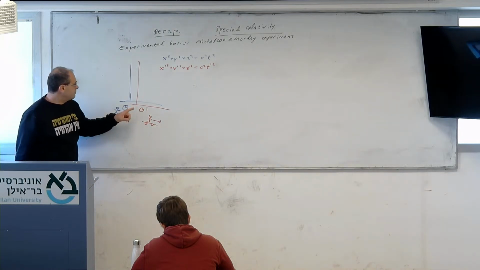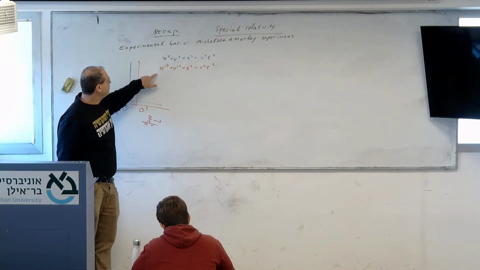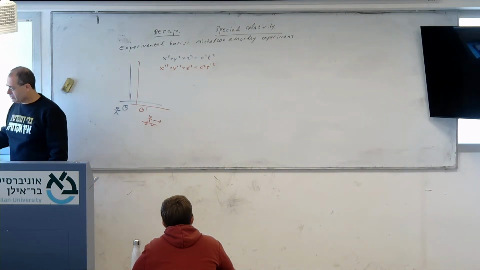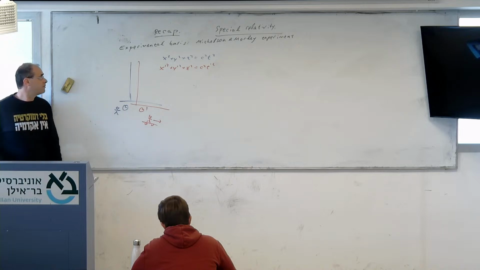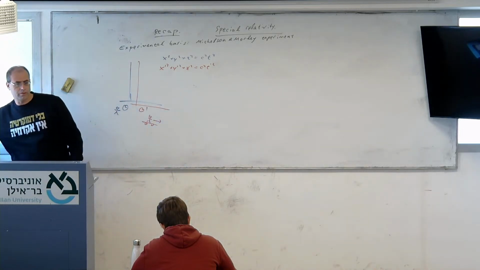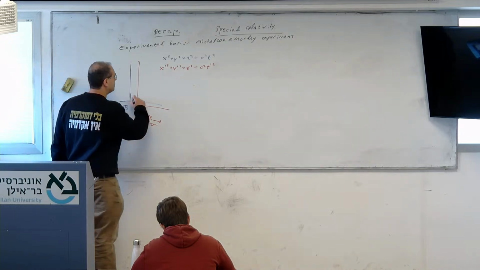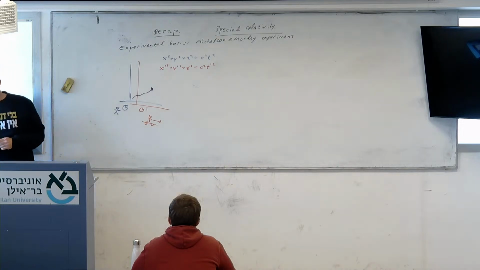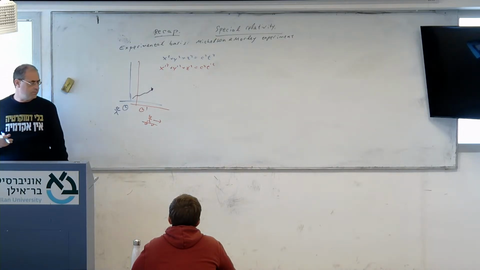Since in general x is different from x prime, t will be different from t prime. So we'll disagree on the location of the event, and we'll disagree on the time. But there is one thing which both agree on, that is called the interval.